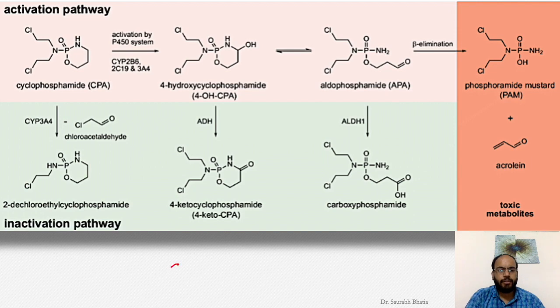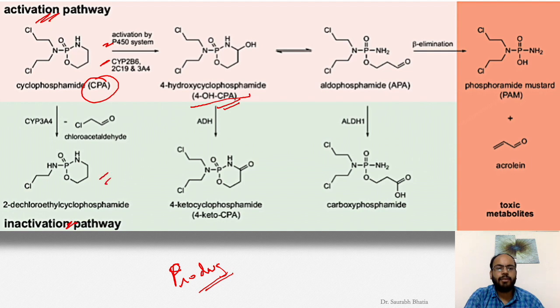Now, cyclophosphamide is essentially a prodrug. Okay, cyclophosphamide is a prodrug and it is converted in the liver to 4-hydroxycyclophosphamide. So CPA, cyclophosphamide using the cytochrome P450 system gets activated to form 4-hydroxy-CPA. Okay, all this, you could say, light orange area are the active metabolite. That is why it is known as the activation pathway. And the green one are the inactivation pathway.